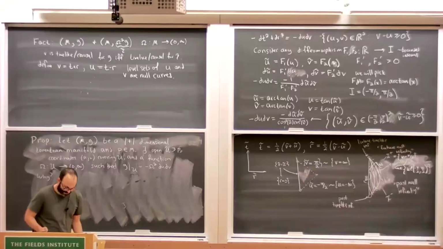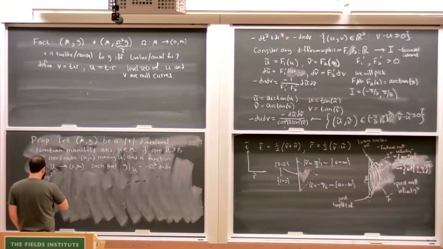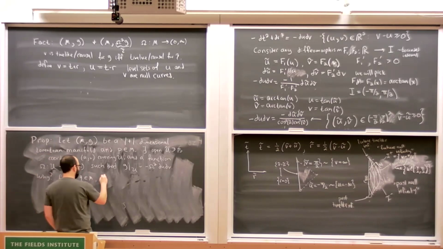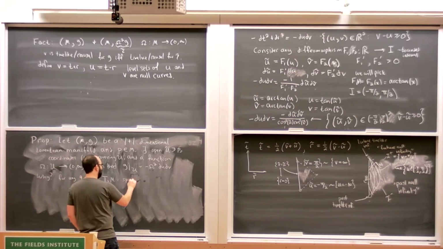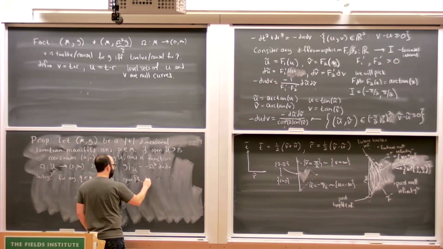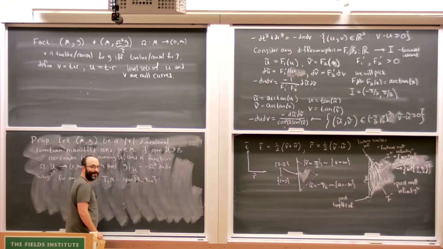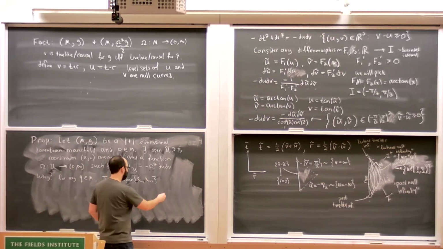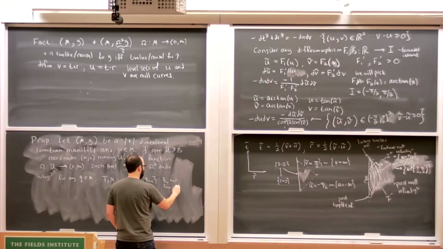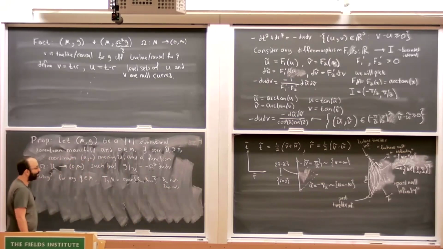For any q in your manifold, if you look at the tangent space there, you can always write this as a span of, let's say, C_in and C_out, where these are two null vectors, right? Where these are null, right?